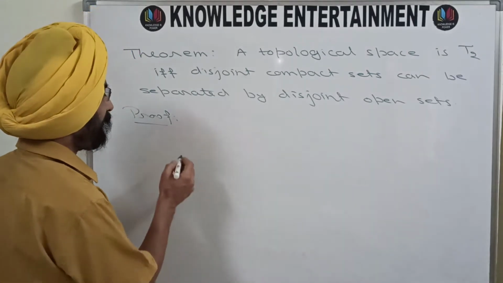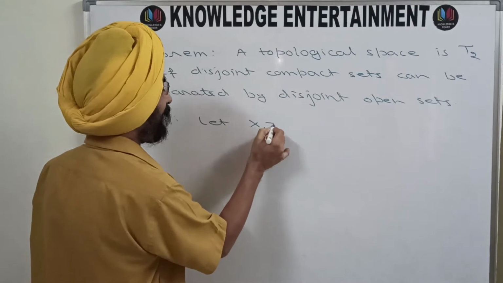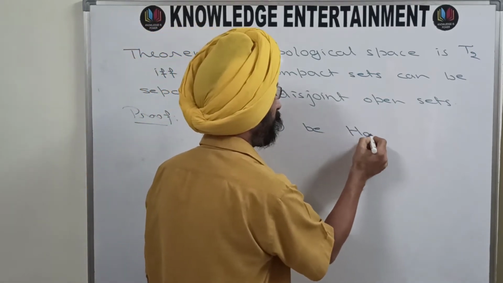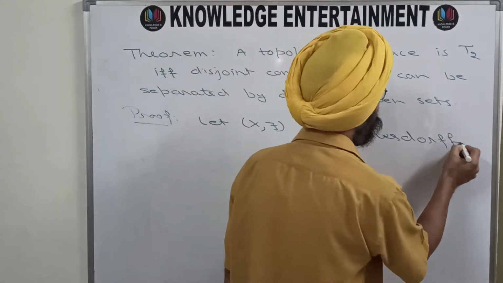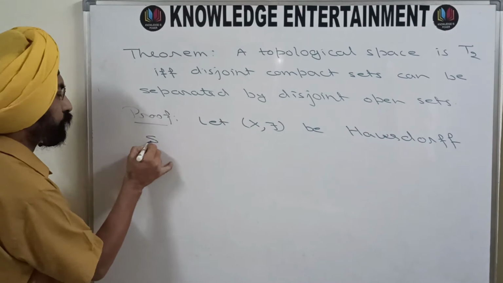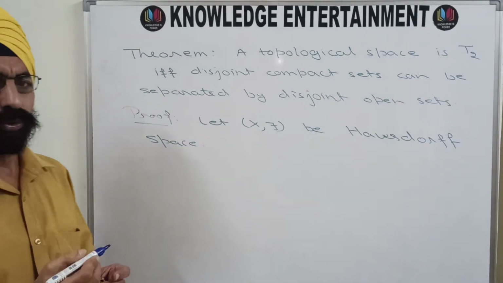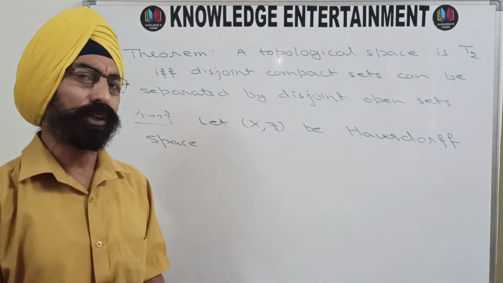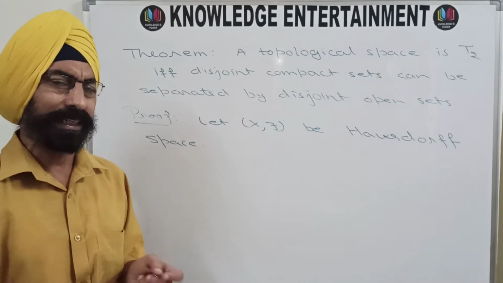So first, let X be a Hausdorff space. Let it be a Hausdorff space, and we want to show that if we have a pair of disjoint compact sets, then we will have a pair of disjoint open sets containing them.